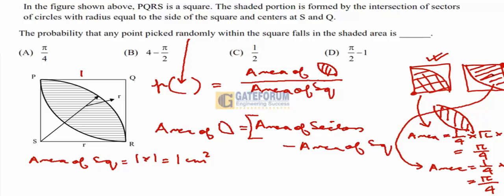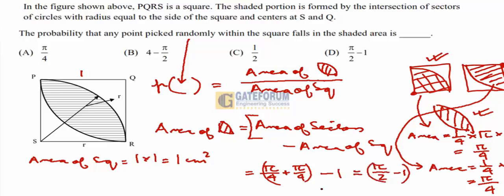If from the summation of this I deduct the area of the square, only this one will be left. So the area of this is pi by 4 plus pi by 4 minus area of square, that is 1. Now what is pi by 4 plus pi by 4? It is nothing but pi by 2. So the area of this is pi by 2 minus 1.